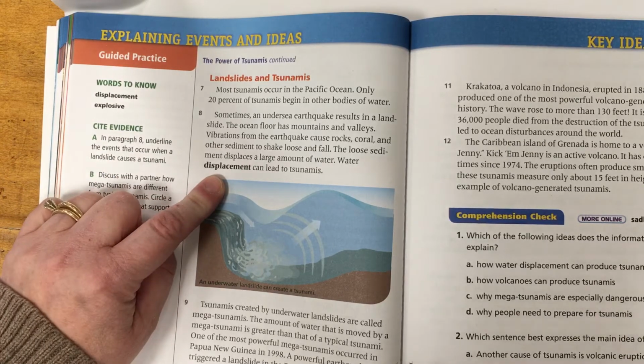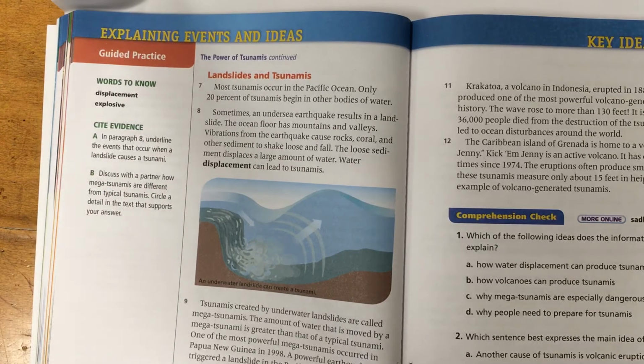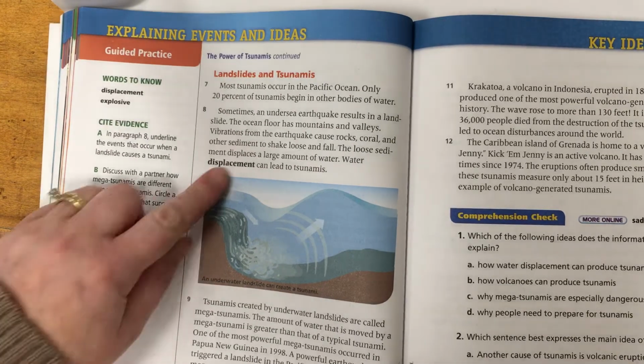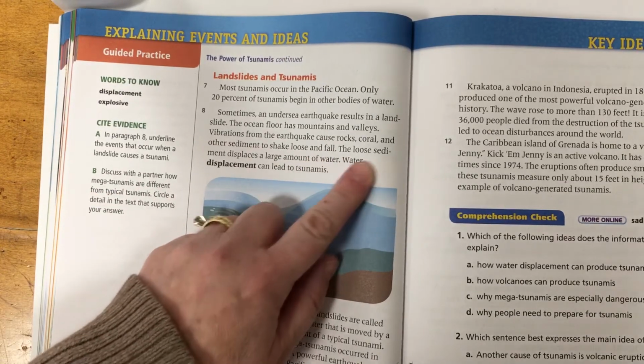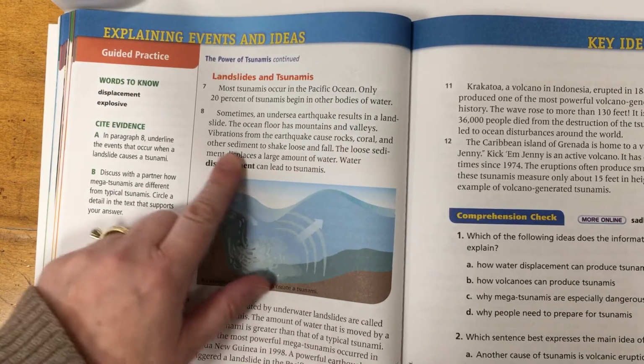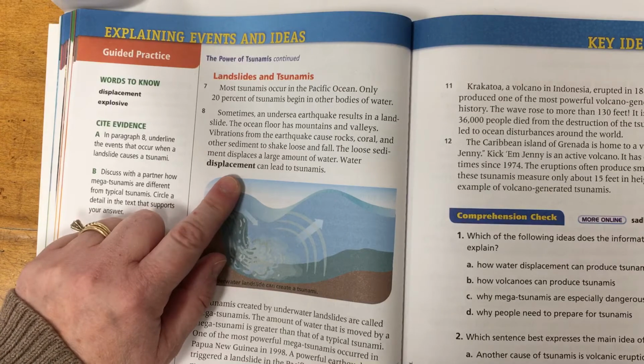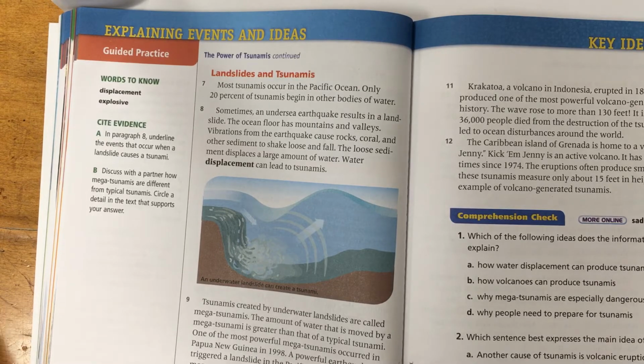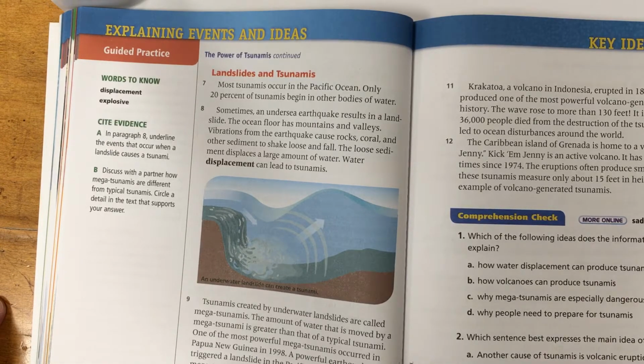Now, displacement is when the movement of something is away from its original location. So this sediment, the rocks, the coral, it's taking the place of where the water once was. So the water's being displaced. I like to think about a bathtub.